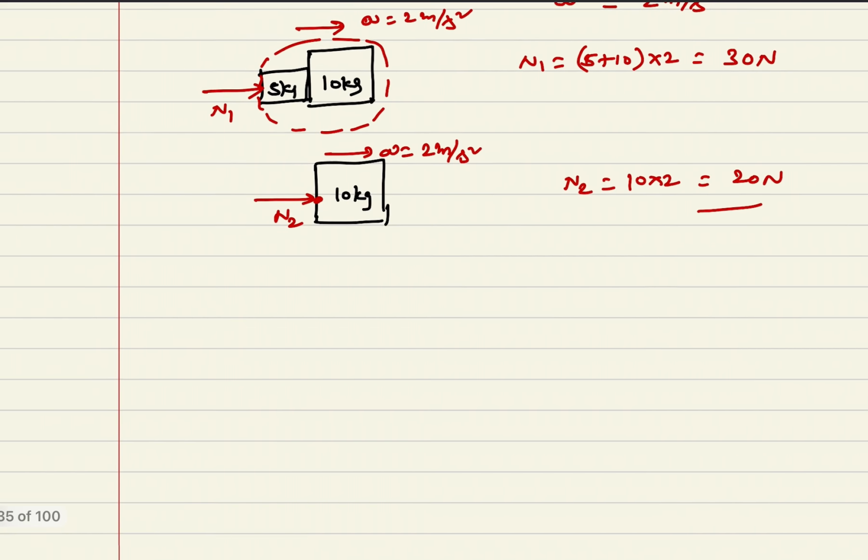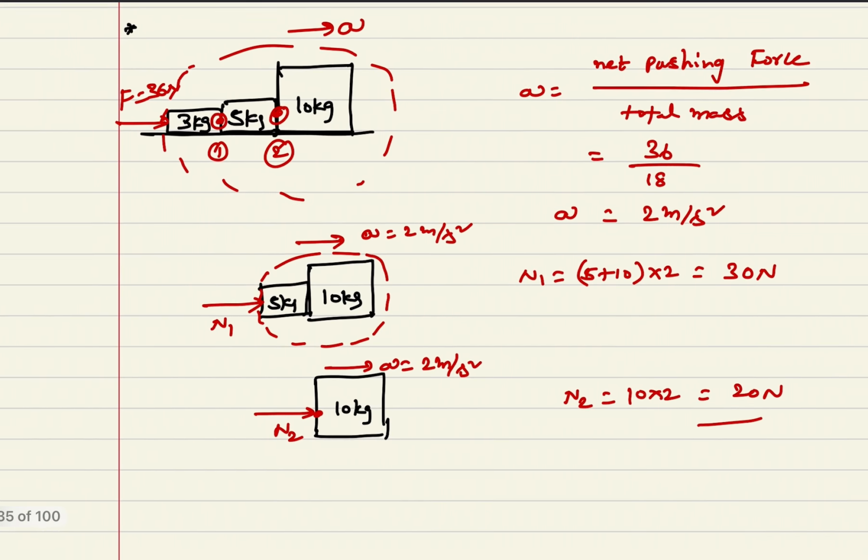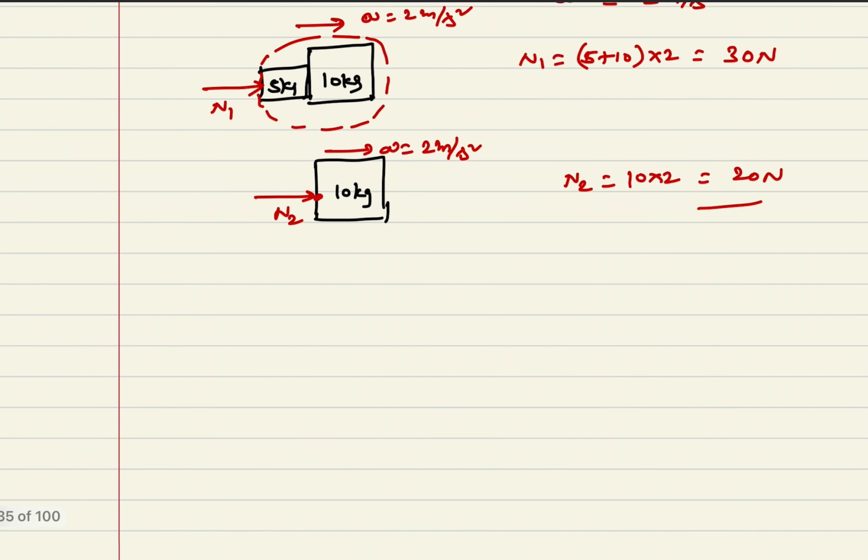This is the contact force. Like this, if connected bodies are there, you can calculate. Similarly, what if spring forces are there? Let us consider there are two masses, a small m mass and a capital M mass.